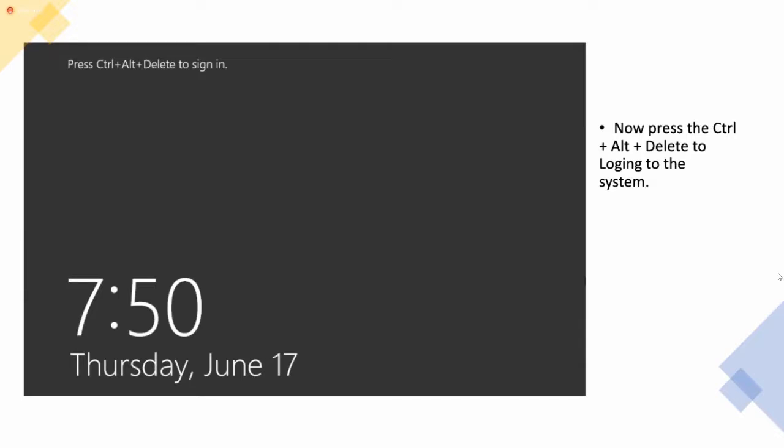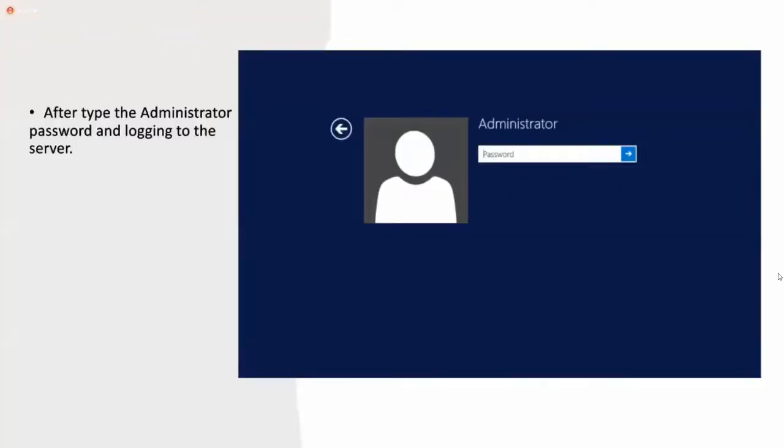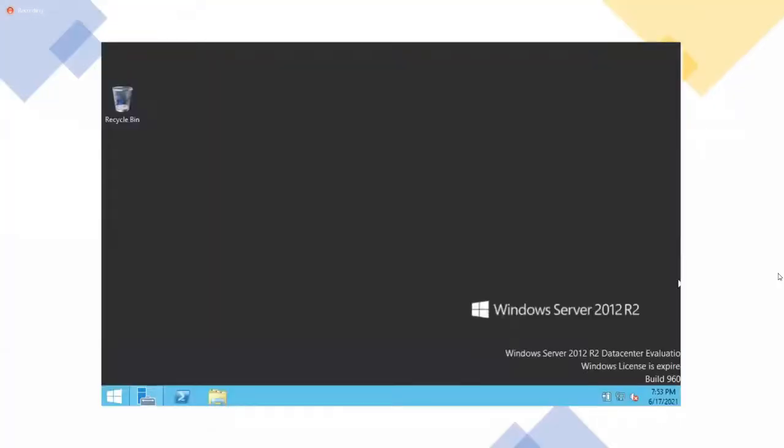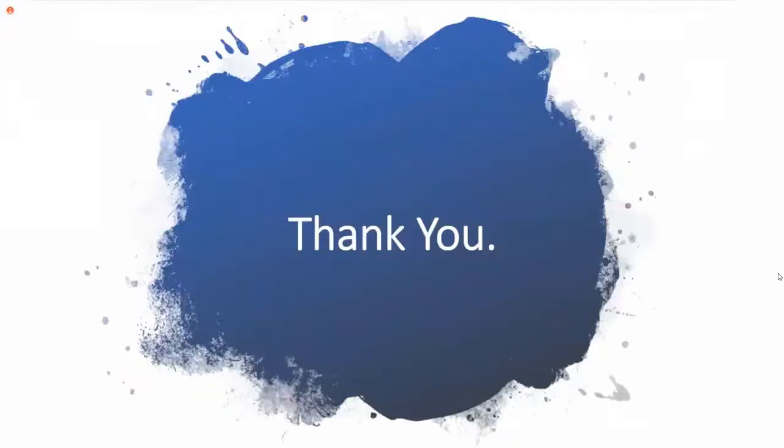In this virtual environment, we can press Ctrl Alt Delete on our keyboard, or use the on-screen keyboard and press Ctrl Alt Delete to get the login window. Then type the administrator password to log in. Then Windows prepares, and now we can manage the network and Windows management. Thank you, sir.